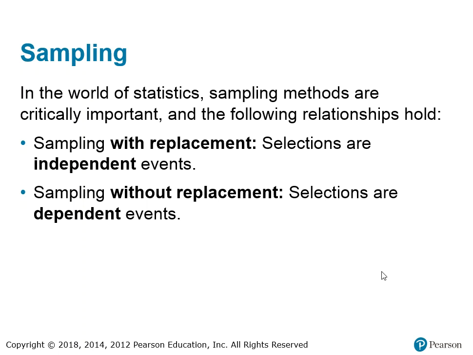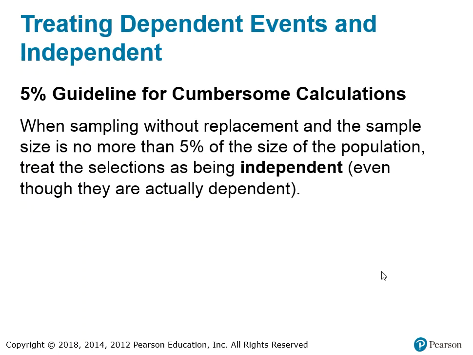Because you took somebody out of the pot and kept them out, that does have an effect on who the next person is, so those events are dependent if you don't replace them. How that affects things is, if you have less than 5% of the sample that you are testing, then you can go ahead and treat them as independent events even though they are dependent, because it has such a minimal effect.